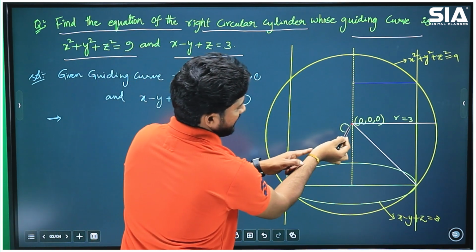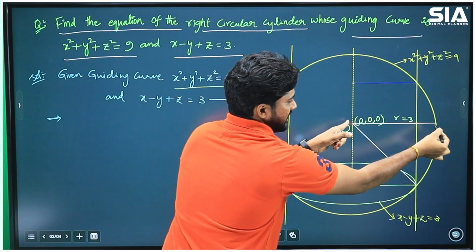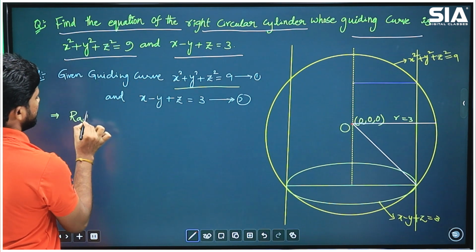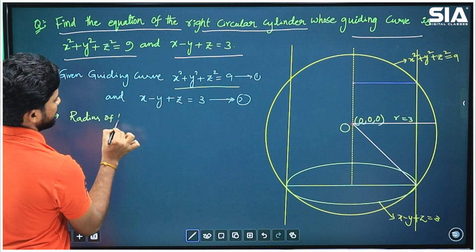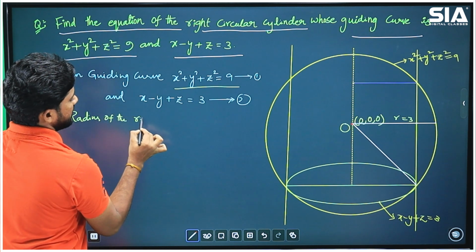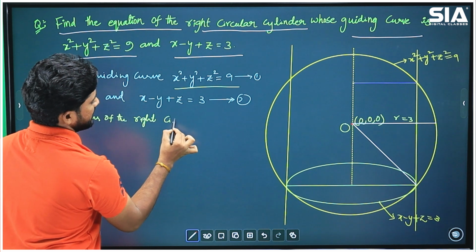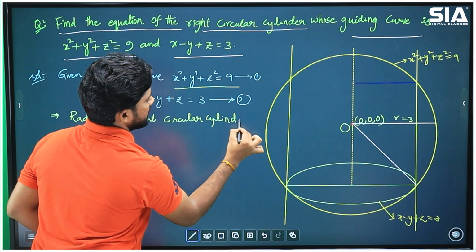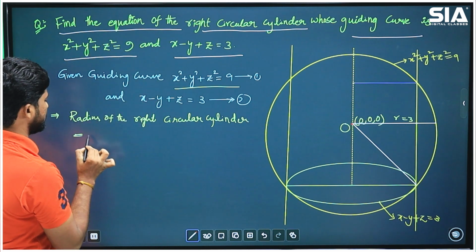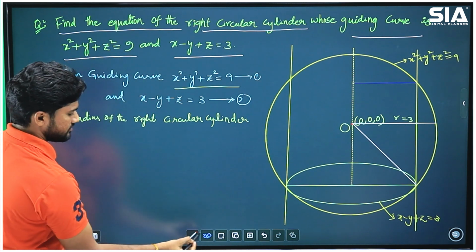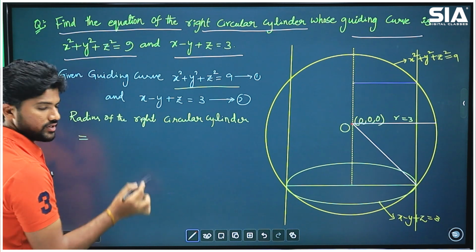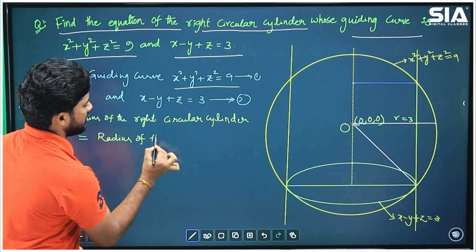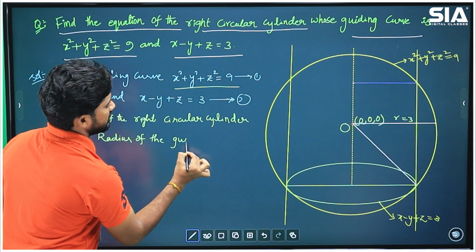Now from the center of the sphere, that radius is of the given sphere, and we know very well the radius of the right circular cylinder is equal to the radius of the guiding curve.